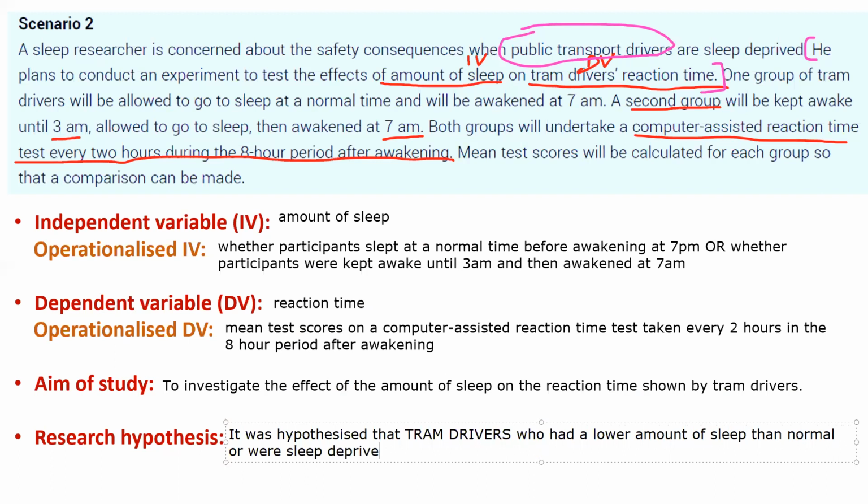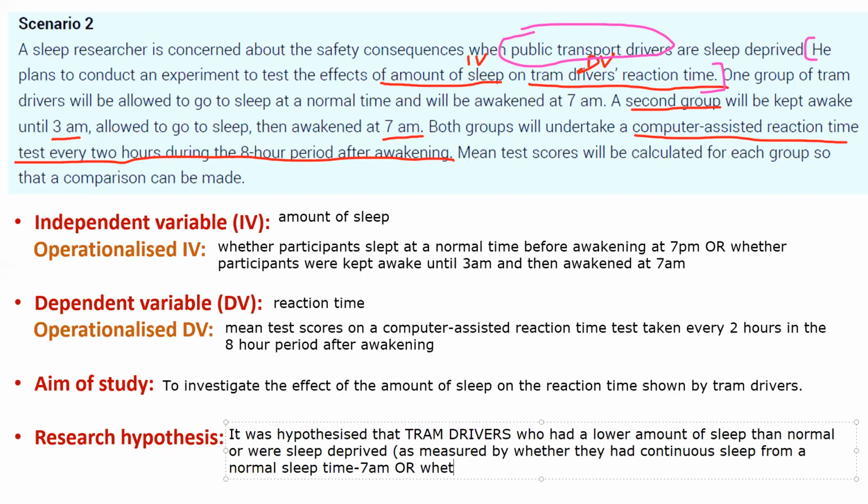Sleep deprived. Okay, and then we have to write as measured by whether they had continuous sleep from a normal sleep time to 7 a.m. or whether they stayed up until 3 a.m., only having 4 hours of sleep.